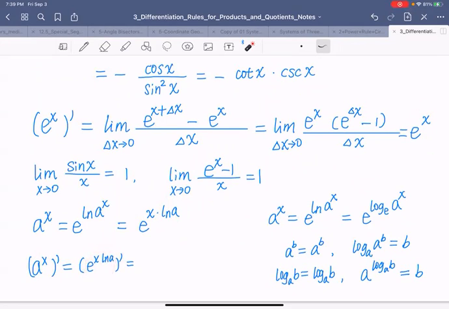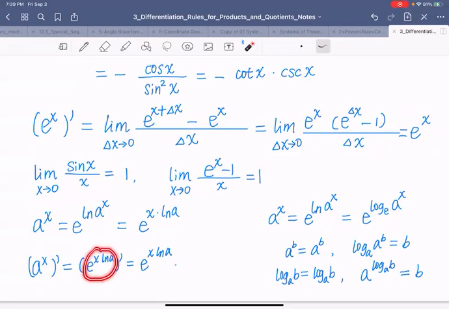Olivia. x ln a times e. Wait, you treat this as a whole package. E to the power x, the derivative is itself. So you just copy down this first, right? Correct? And then times the chain rule, okay?